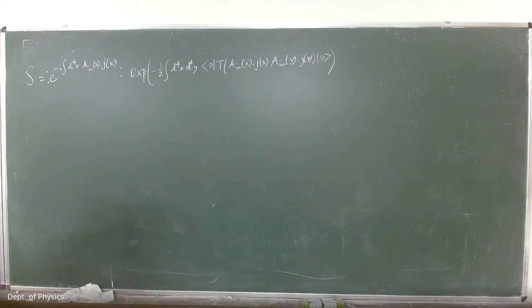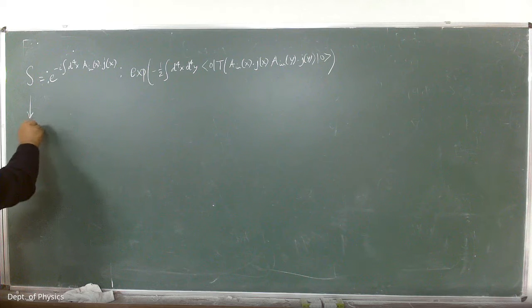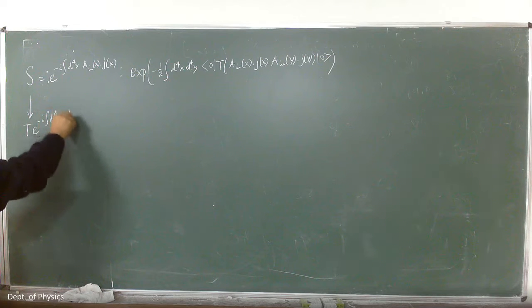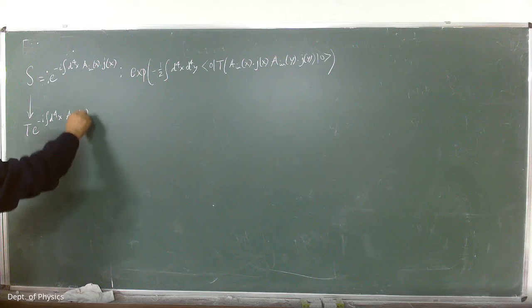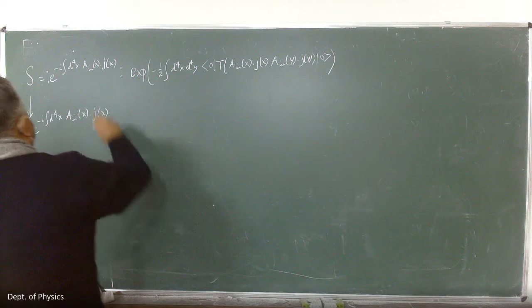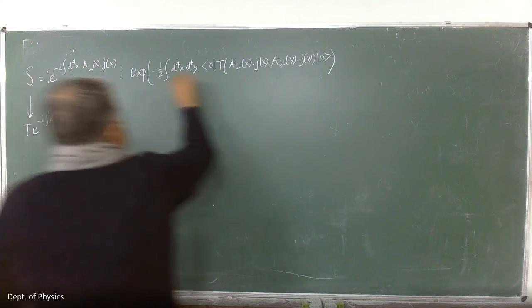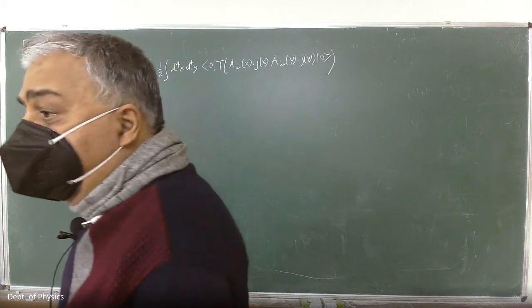The S matrix by itself, we derived the Dyson formula, is given by the time ordered product of e to the power minus i d4x A_in(x) · J(x). So I am equating this with this. Both sides contain J, and J is not an operator; it is a C number.